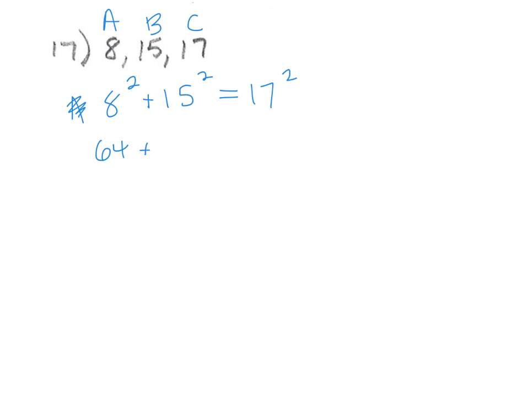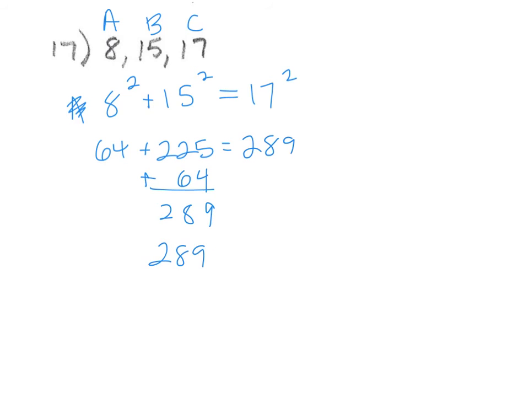Plus 15 squared, 225, and that has to equal 17 squared, which is 289. So 64 plus 225, add those together, I'm going to get 289. 289 is equal to 289. Yes, this is a right triangle.